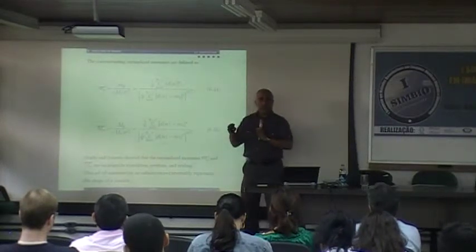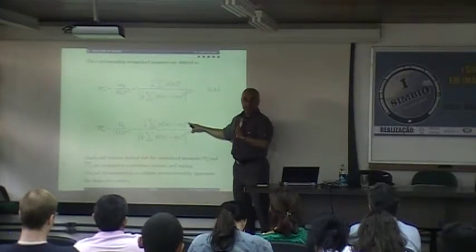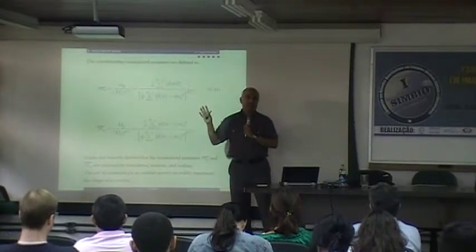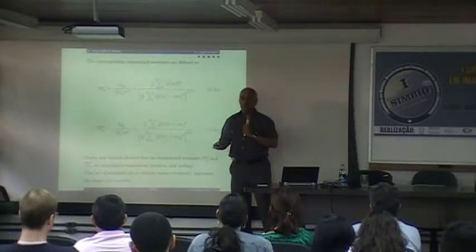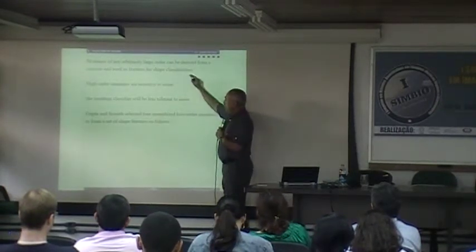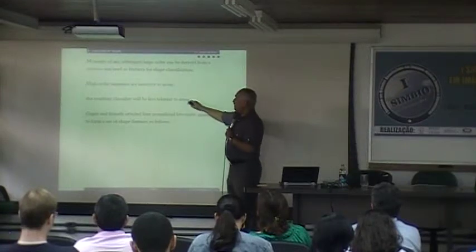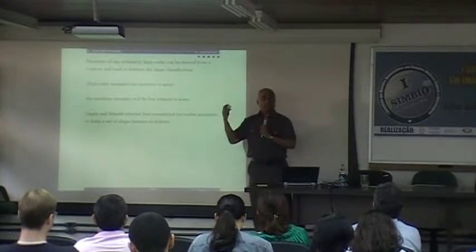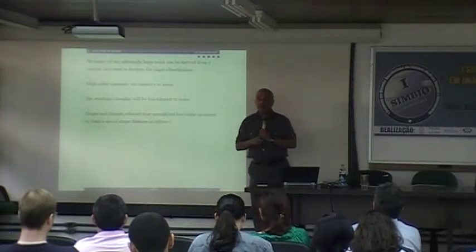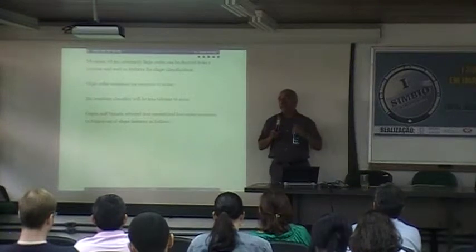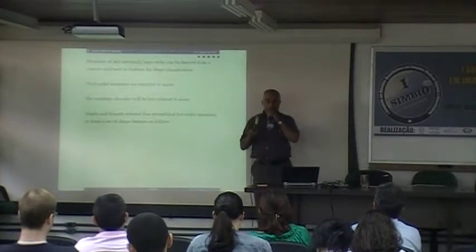So usually we go up to 4, kurtosis. Mean, variance, skewness, kurtosis. That should be enough for most applications. So sensitivity to noise is the problem. The resulting classifier will not be tolerant to noise. So you have to do some smoothing or pre-processing of the contour before computing these shape factors. You have to remove irrelevant details and artifacts.